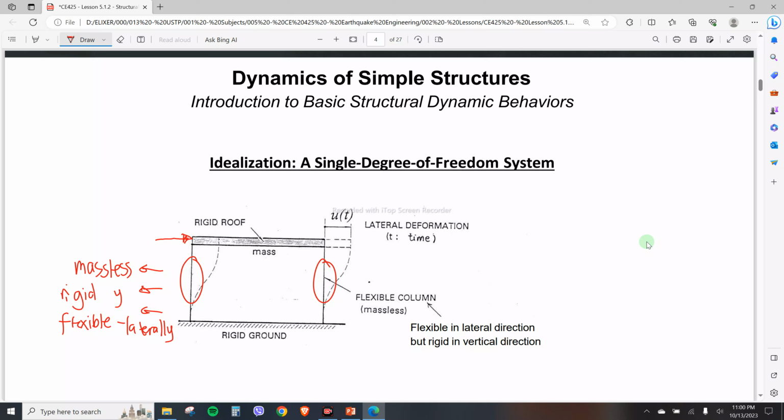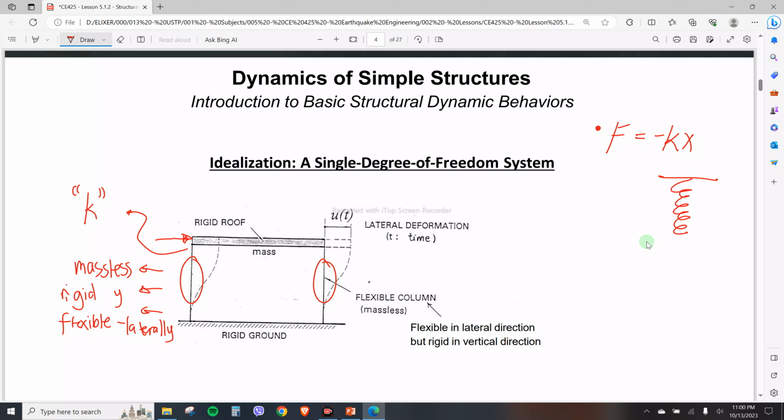Aside from that, the columns have what? The columns have a lateral stiffness K. So what is this lateral stiffness K? If you remember in your dynamics of rigid bodies, we have a restoring force F equal to negative Kx, as the behavior of your spring.